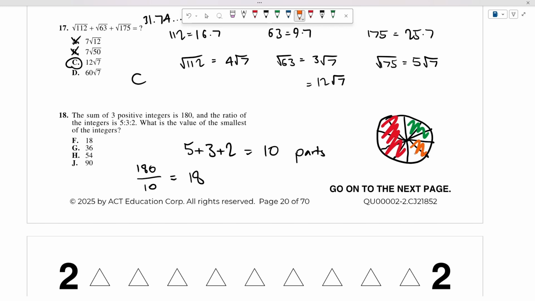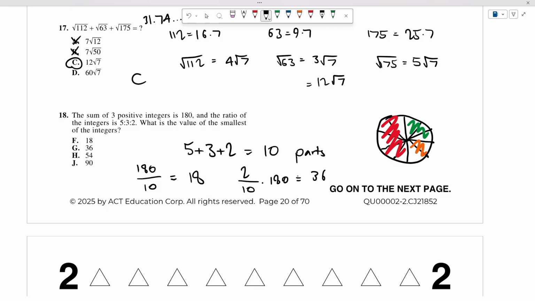So if the whole pizza is 180, those 2 slices are 2/10 of 180, and 2/10 of 180 is 36.